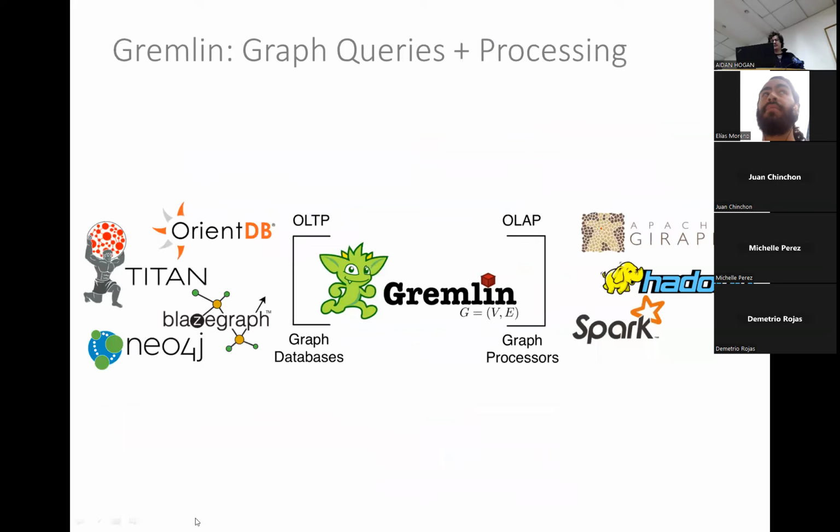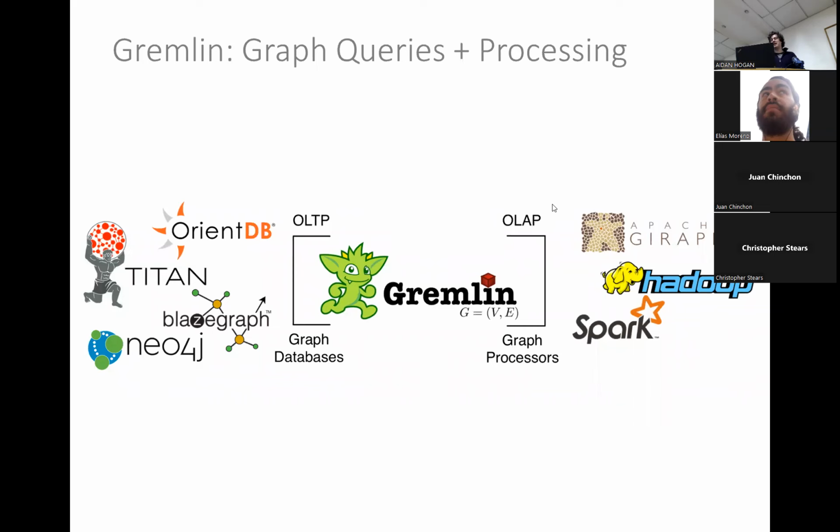Have you heard of OLTP and OLAP before? OLTP is online transaction processing. It means you're processing lots of small transactions, lots of queries that touch a small part of your database, lots of small inserts. For example, in a bank, you insert a payment, or you look for the data for one client.